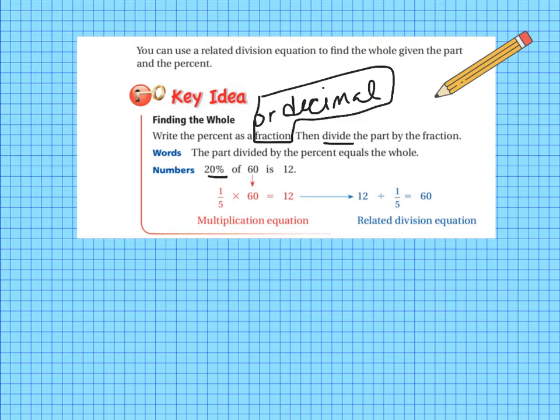So 20% of 60 is 12. So 1/5 times 60 equals 12. So that's the percent times the whole equals the part.